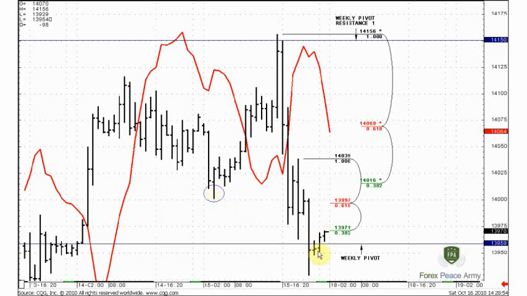There are a couple of areas that I think are very suitable for entry on the short side. The first one is the area around 140, because this is the Fibonacci 618 resistance area and the previous lows, and the second area 140.16, because this is the 382 Fibonacci resistance from this high to this low. Taking into account that this was the wash and rinse pattern, we do not like to see deep retracement back.